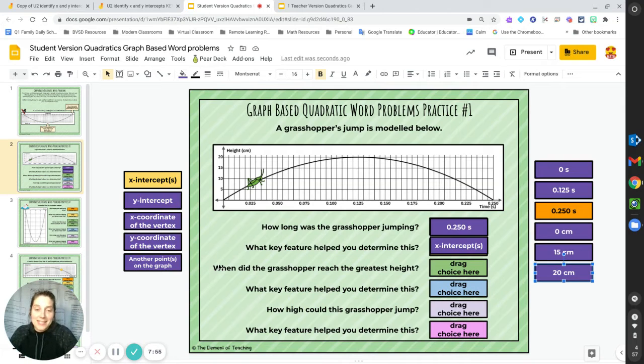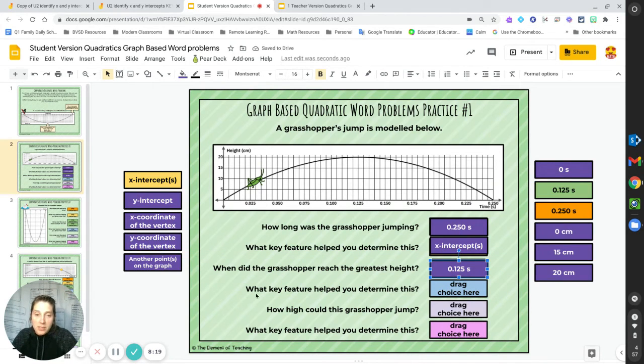The question is asking, when did the grasshopper reach its greatest height? So this is the greatest height. When it happens is right down here because the x-axis represents time. And so it happens at 125 thousandths of a second. So I can find that over here and drag that. Hopefully it is green underneath.